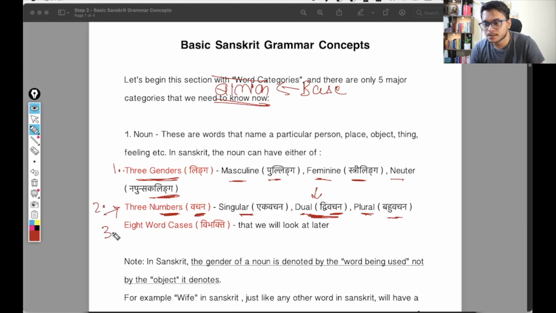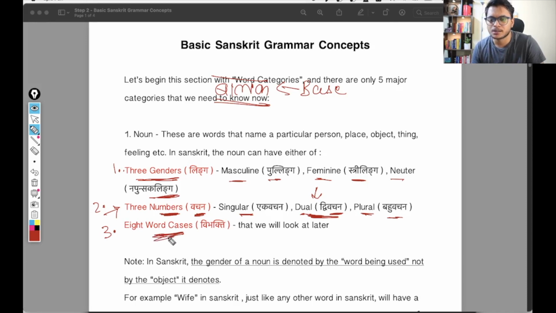And then the third property is word case, and there are 8 categories of word case. What is a word case? Vibhakti. I'll make a separate video, and that is the next video. Vibhakti, or word case, is the most important and a beautiful topic in Sanskrit that gives Sanskrit immense power to be creative.